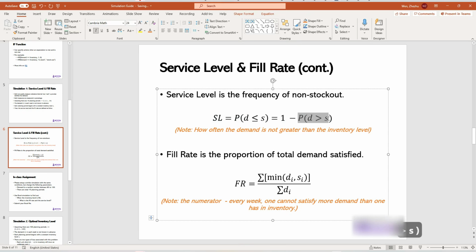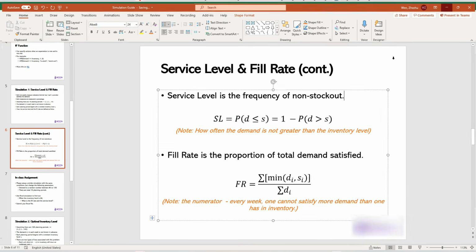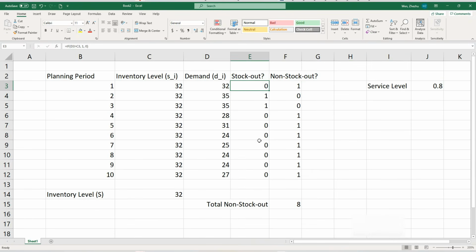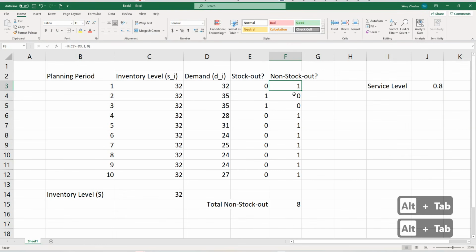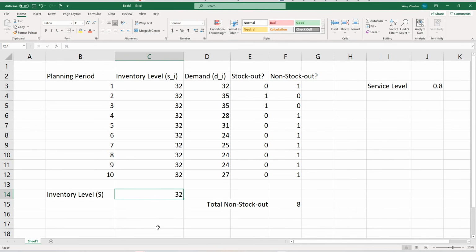Here we looked at whether demand is bigger than the supply, and here whether the demand is smaller than or equal to the supply. This will tell us what the service level is. So I'm going to change this number slightly. Say I'm going to change it to 30.